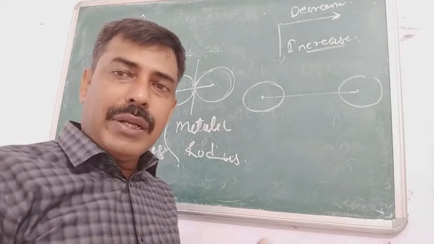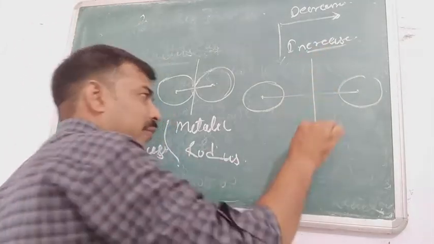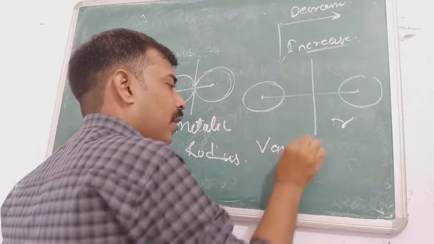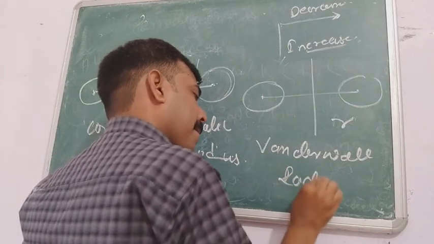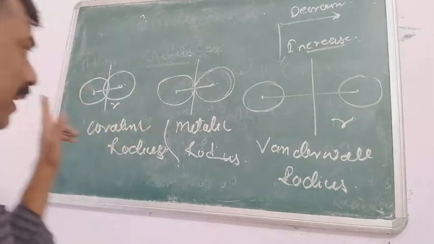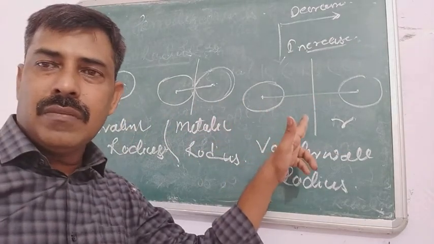So when the atoms are bonded with the van der Waals force, then half of the distance between these two atoms will be called the van der Waals radius. Surely you can see that the van der Waals radius is the largest among these three.